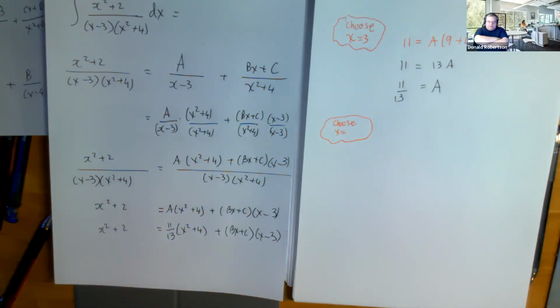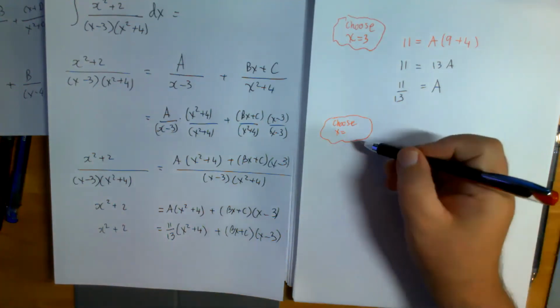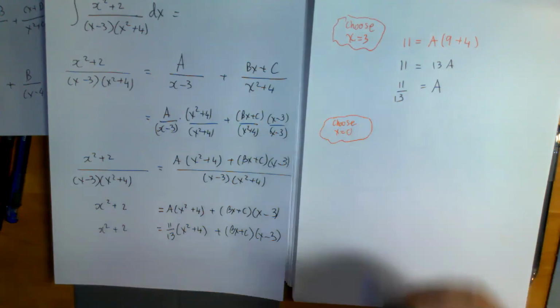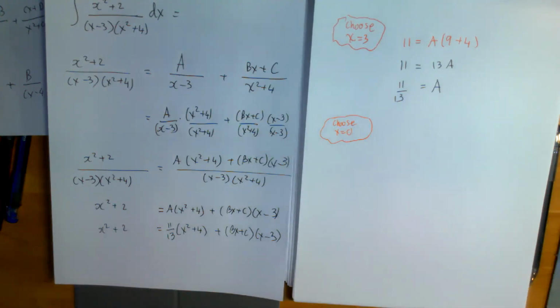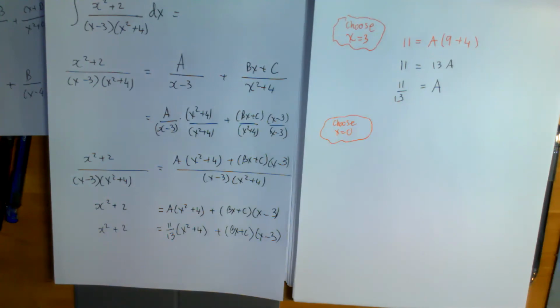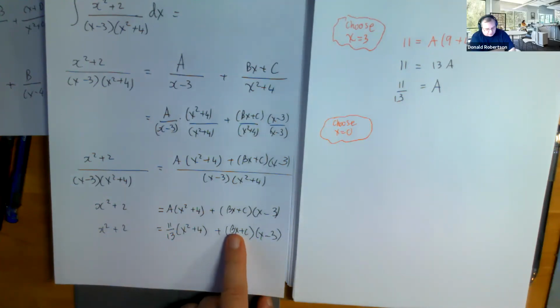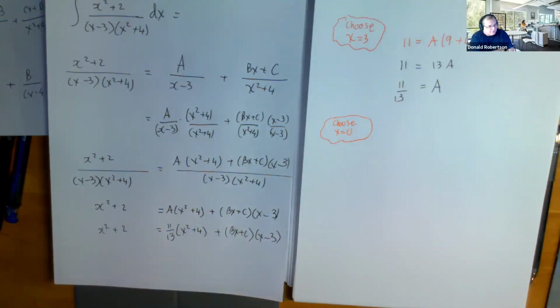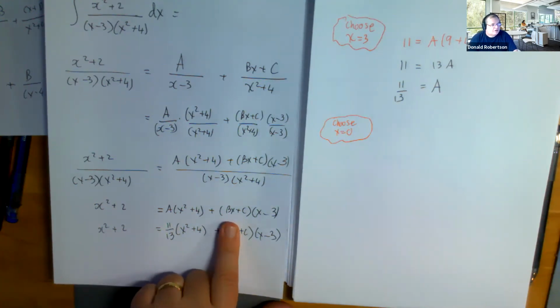Arwen, did you have an idea of an x to choose? Could we do 0 to take out the Bx so we can get C? That's exactly what you do. Does that make sense now? You see why x equals 0 is going to kill that. And remember our goal: I only want 1 letter left alive. So making x 0, essentially for a little while, kills off that fella.